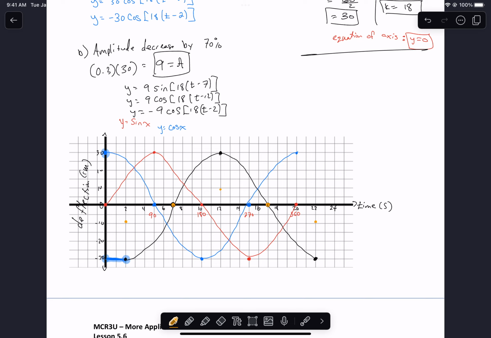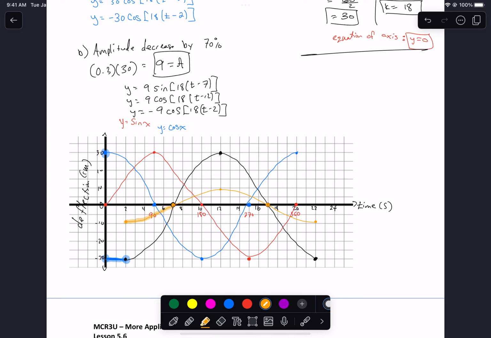It's significantly shallower, or doesn't reach the same kind of peaks and valleys. So there is your final graph. I'll highlight it in orange, under the conditions of a decreased amplitude by 70%.